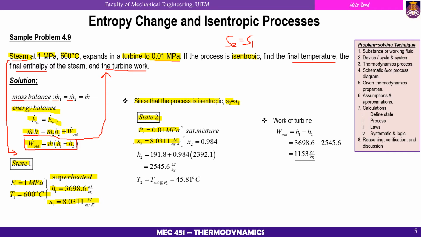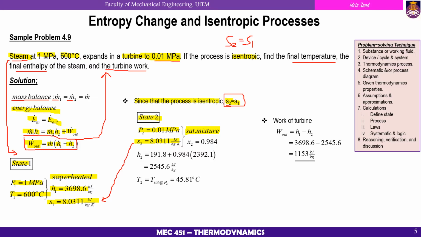This is actually equal to the entropy at state number 1, since for an isentropic process S2 is equal to S1. So from this one, we can check the phase. When you check the phase, you will get a saturated mixture. Please refer to chapter 2 in order to determine the phase.